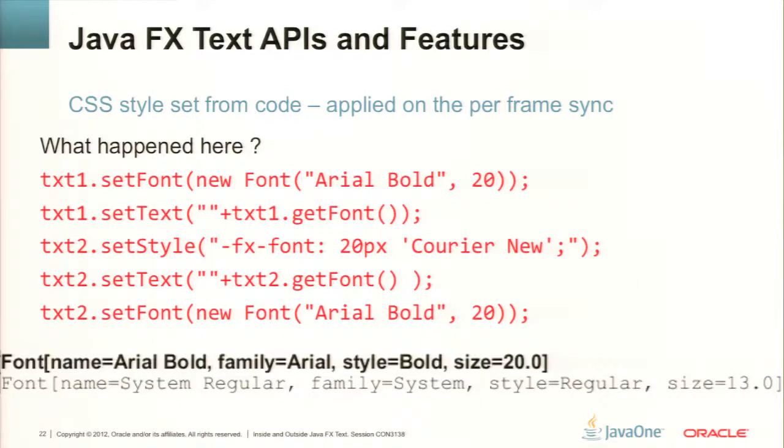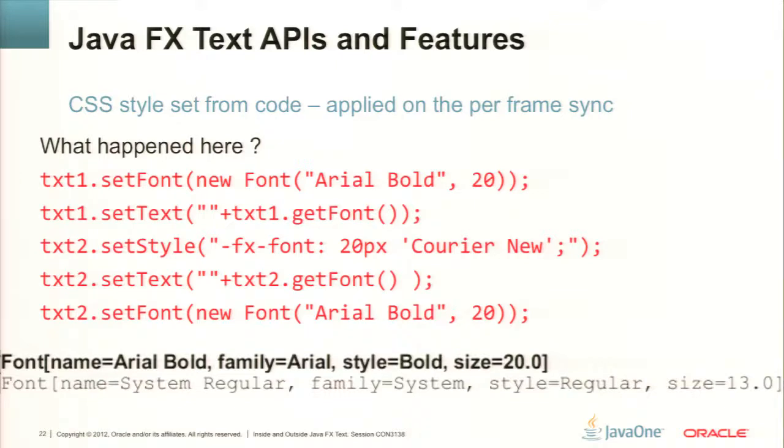Now I say, forget that. I'm actually going to override my call to set style, and I'm going to explicitly set the font on the text node to be Arial bold. So the string should say Courier New, right? Because that was the font I just set with set style, but it should appear in Arial bold.